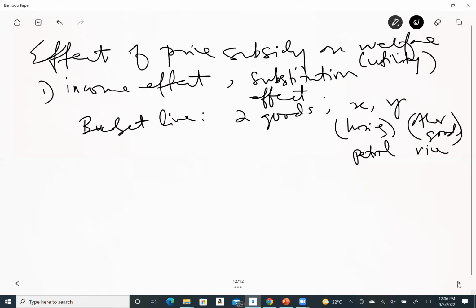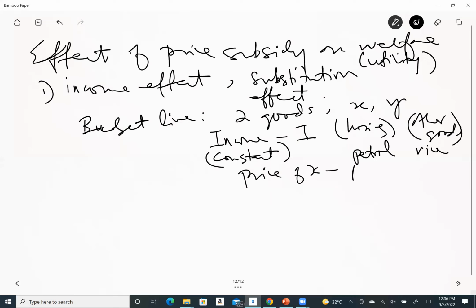Petrol and rice, two goods. And then you have income, we denote by I, and income is considered as constant, fixed for a particular period of time. Doesn't change. And you have two prices. The price of X, we call it PX, and the price of Y, we call it PY.